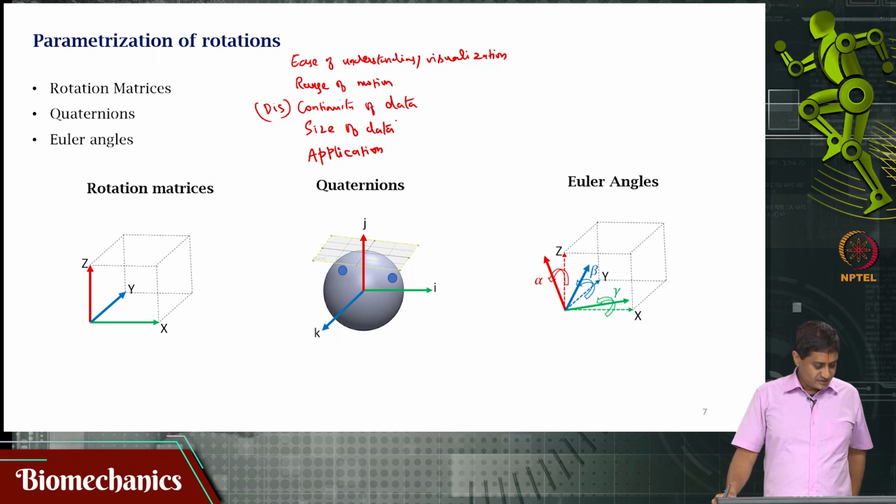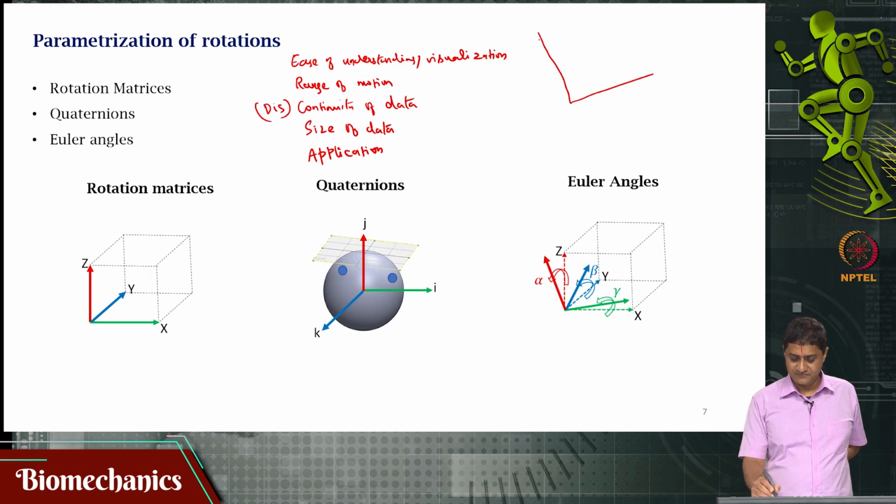Let us say that you are interested in measuring the joint angle between the upper arm, this is the upper arm or the humerus bone, and this is the forearm. What are the bones in the forearm? Remember, radius and ulna.